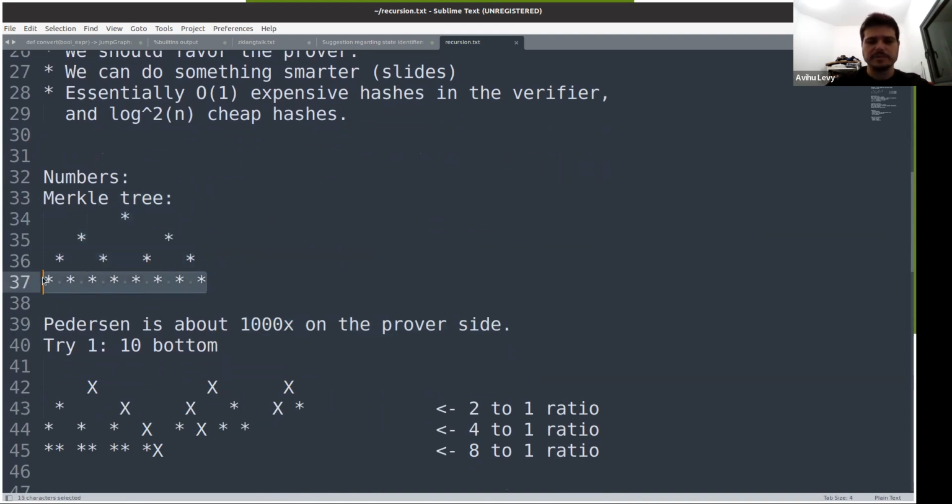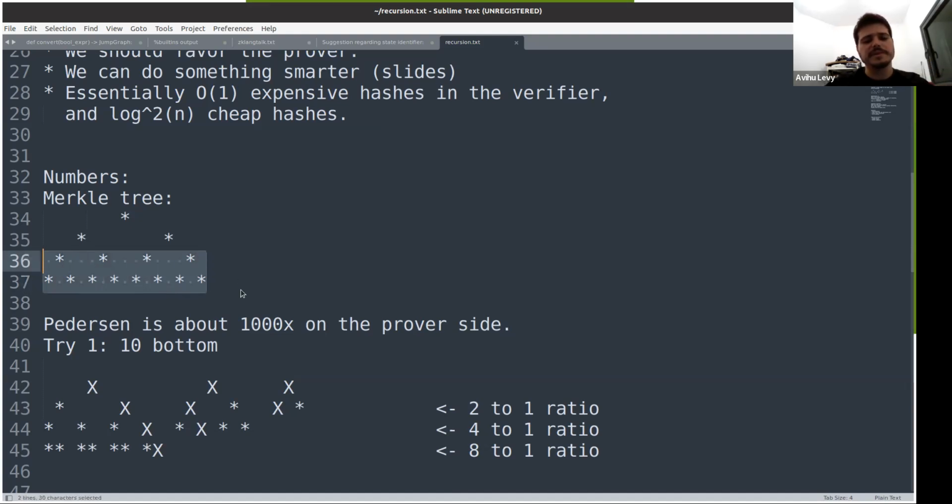just a basic recap about Merkle trees: we have 2 to the k leaves, and each interior node is a hash of its 2 children. The bottom 10 layers are using Pedersen, which is verifier friendly.